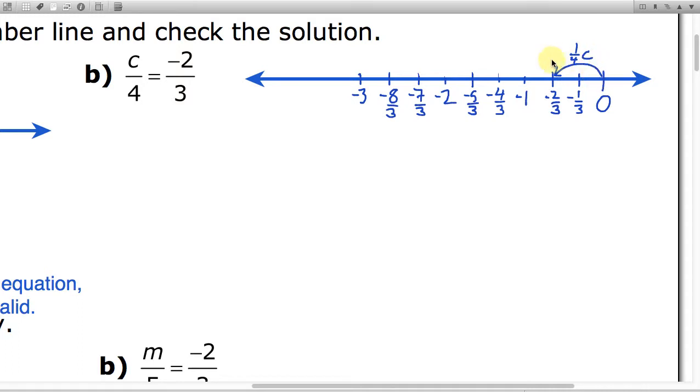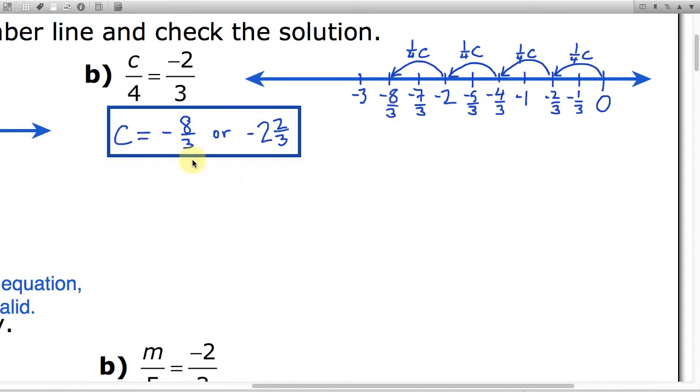So, if 1/4 c goes to -2/3 and we want the full 1c, we need to have 1, 2, 3 more of these. So now we've got 4/4 c, which is 1 full c. You can see that that is -8/3, or you could also write it as -2 2/3. So that's the solution.